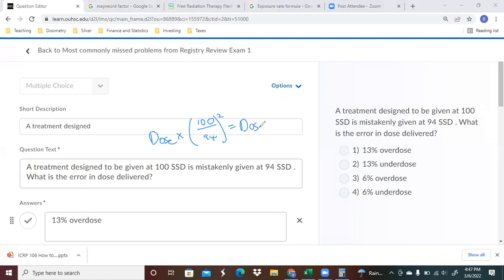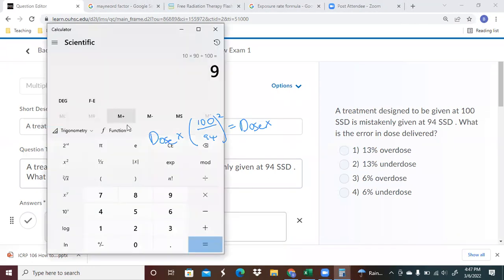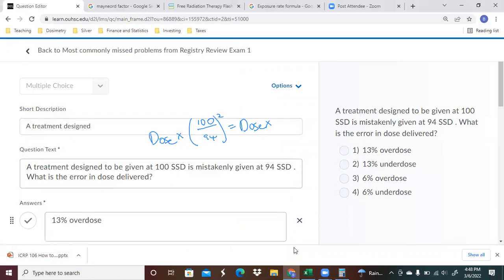So you've got dose times 100 over 94. Now, if you were further away, then you would end up underdosing. So if I take 100 divided by 94 and square that, you get 1.13.